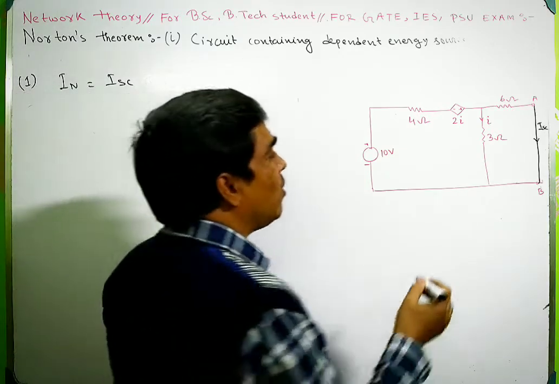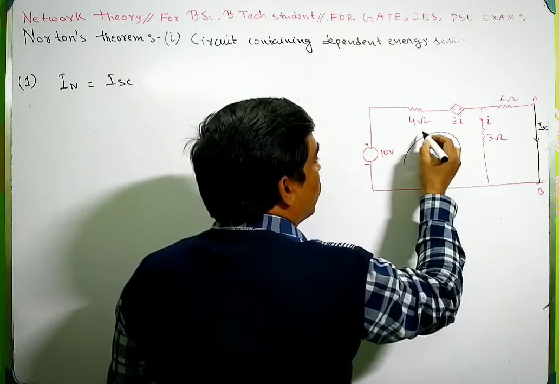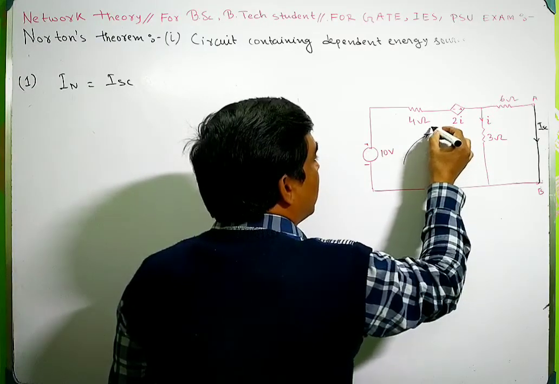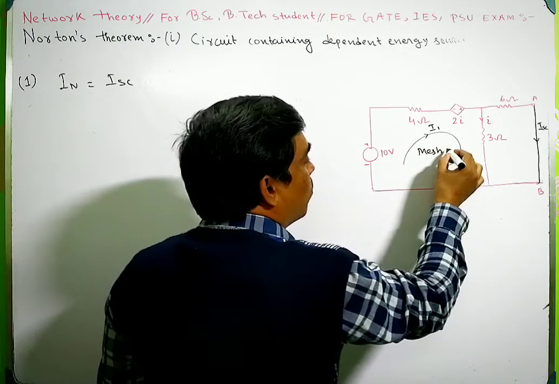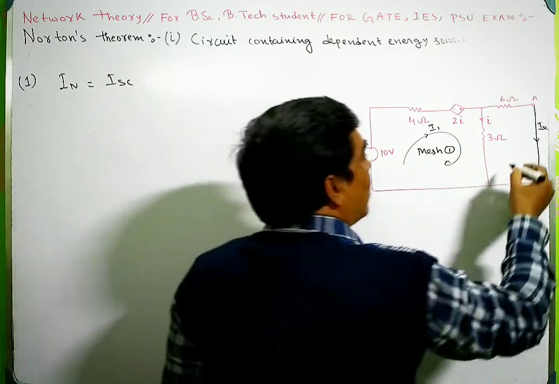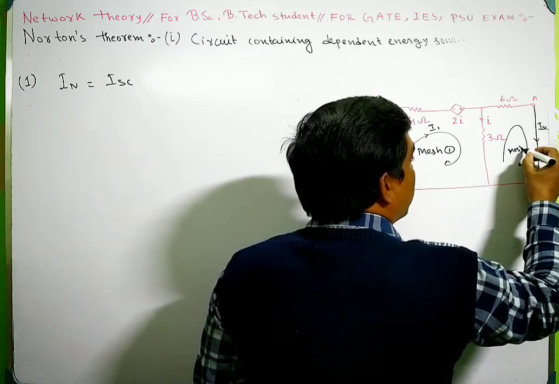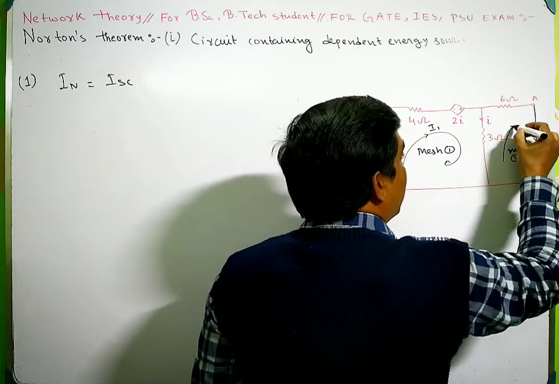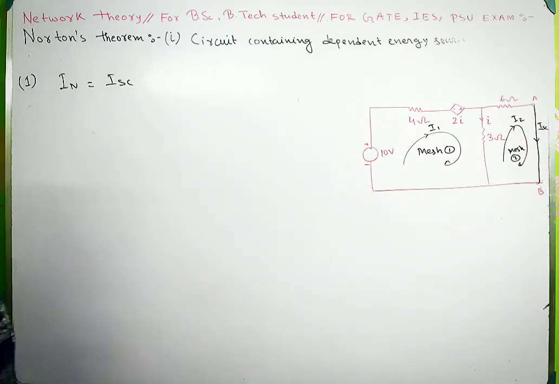So how to calculate? Suppose this is mesh 1, and suppose this current is I1. And this is mesh 2, and suppose this current is I2.